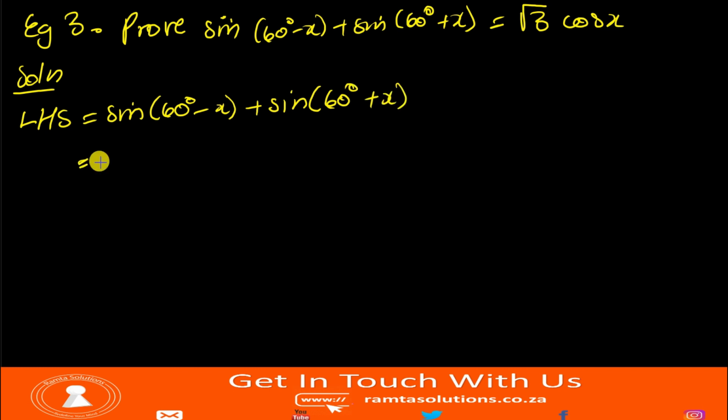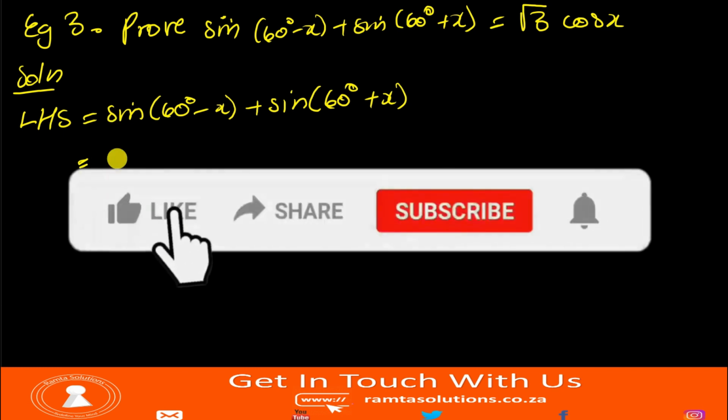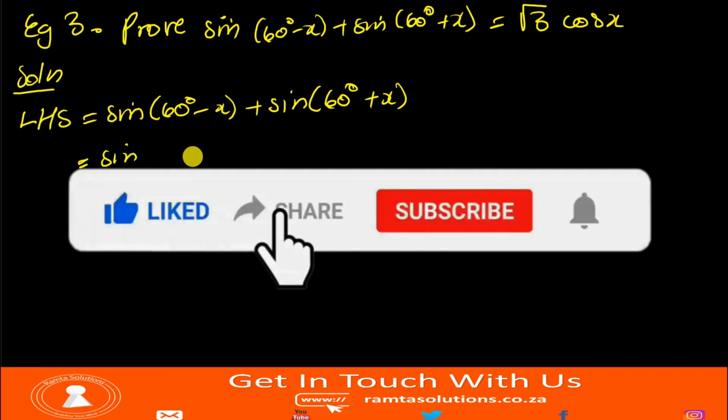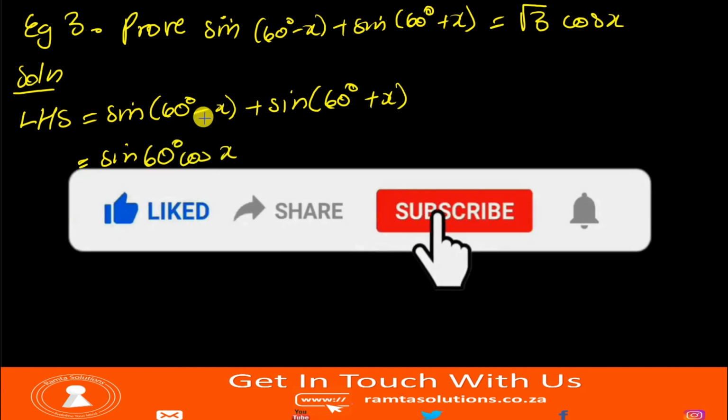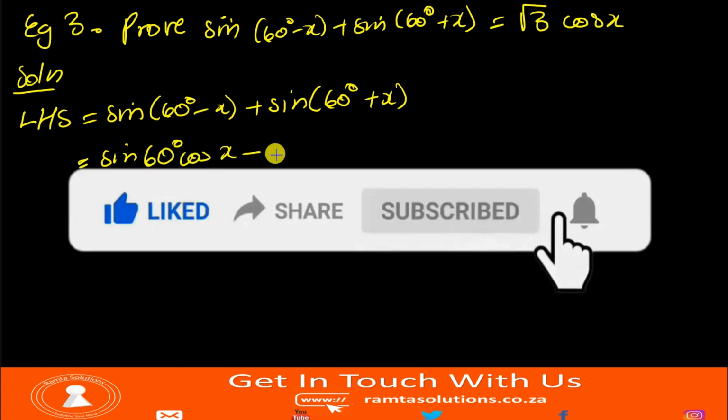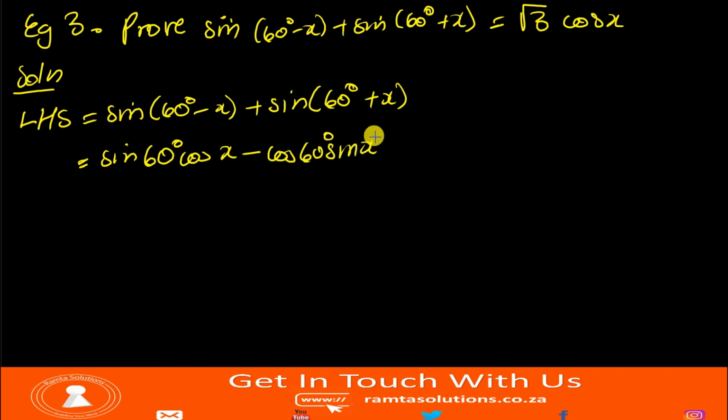Let's see. It's sine, so it's compound angle, as you can see, different angles. But for sine, it will be sine 60 degrees cos x. But because it's a minus, it will also be a minus cos 60 degrees sine x, right?